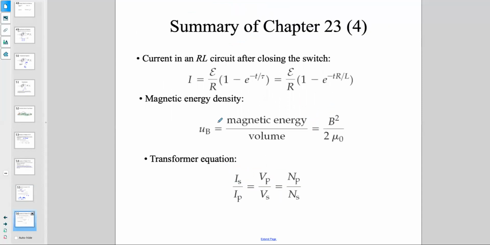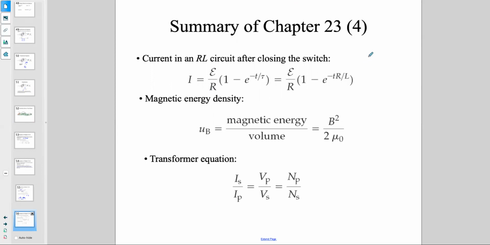Why is it important? Because some of the characteristics of these RL circuits are related to that tau. For example, the current is EMF over R times 1 minus e to the power of negative t over tau. Okay, so we can just put for tau L over R.